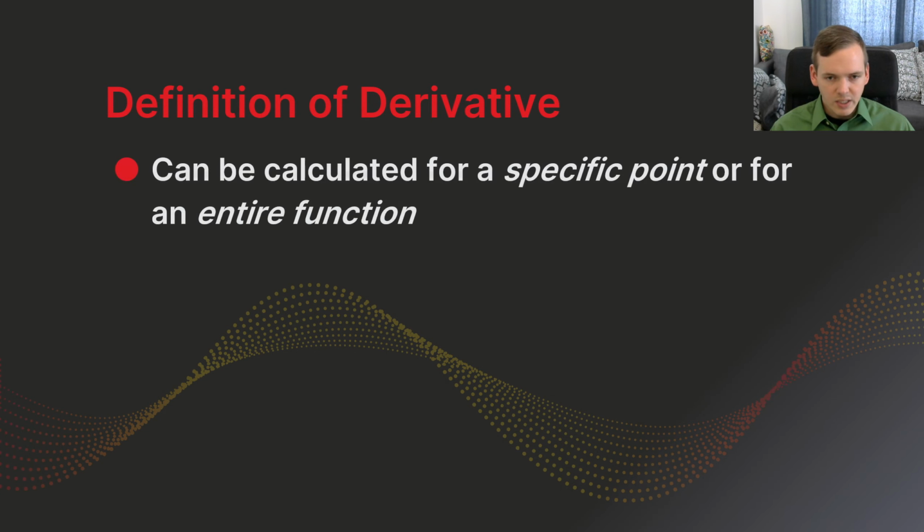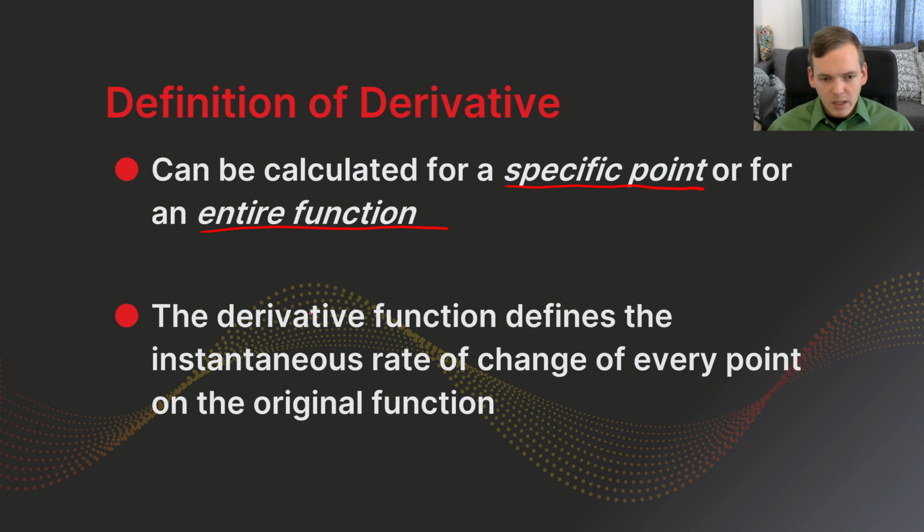This definition being the instantaneous rate of change means we can define it for a specific point or for the entire function. And so we can have the derivative function defining the instantaneous rate of change for every point on the original function.